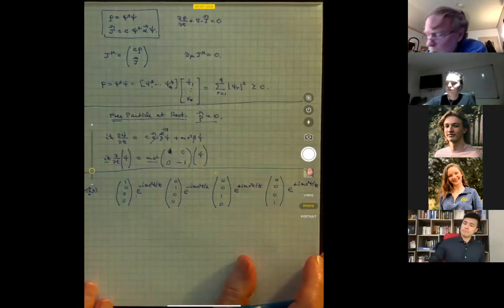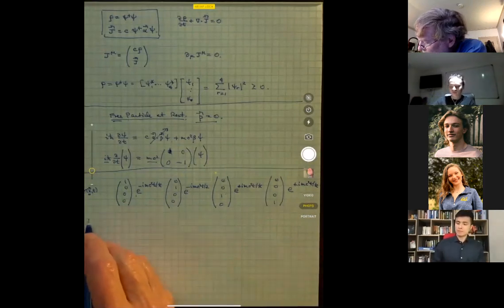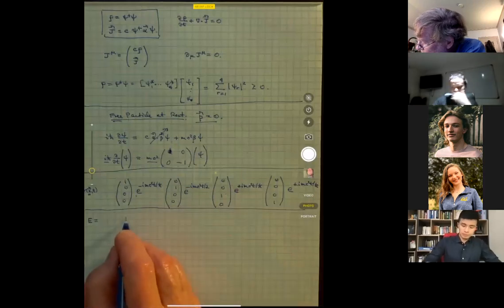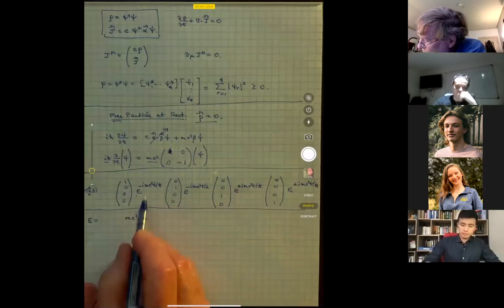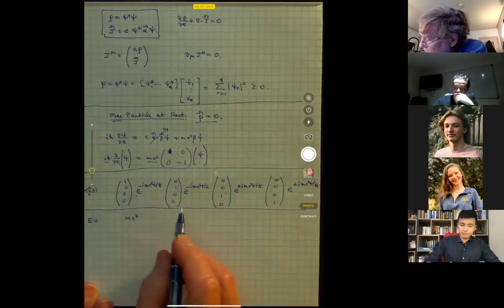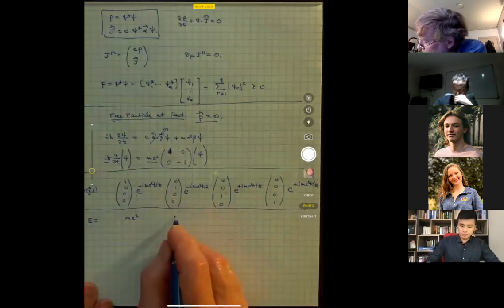All right. So this gives us the energy then. These four solutions have energies. And the energy of the first one is mc², because you can tell that from the time dependence. It's an energy eigenstate. You see there's the typical time dependence of an energy eigenstate. The next one's got energy mc².